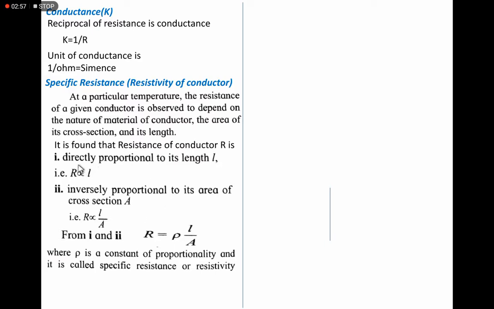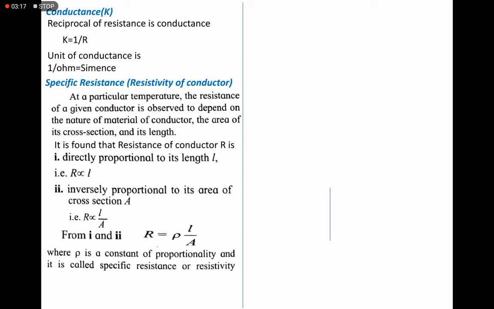We have to keep in mind that the resistance of the conductor is directly proportional to length. As I said, the resistance of the conductor is related to the material of the conductor, the area of cross section and its length.